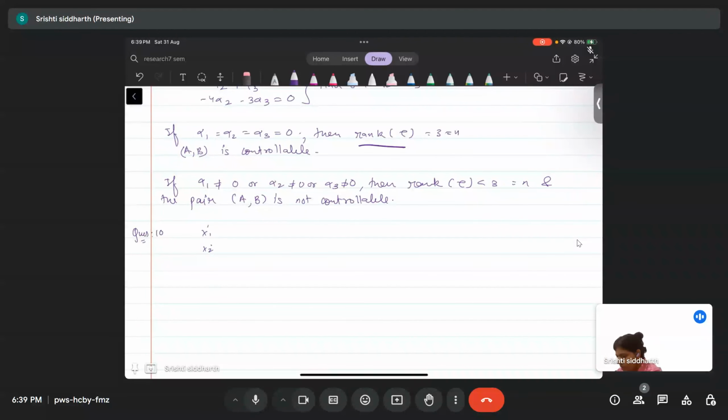The first system is A equals [-1, 0; 0, -2]. Okay, so this is the diagonalized system. This A matrix is a diagonal matrix. Okay, so both of the entries are non-zero, therefore it is controllable.